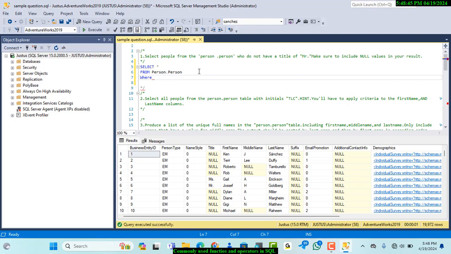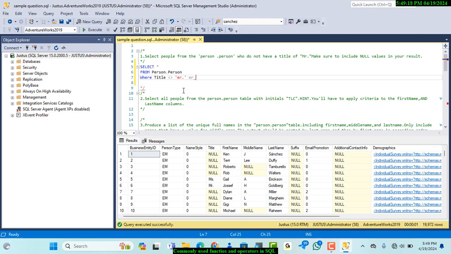So here we need to specify which conditions need to be met for the data to be retrieved. So the condition here, I'm going to use WHERE title not equal to Mr. So the title here is not equal to Mr. And you can use OR.